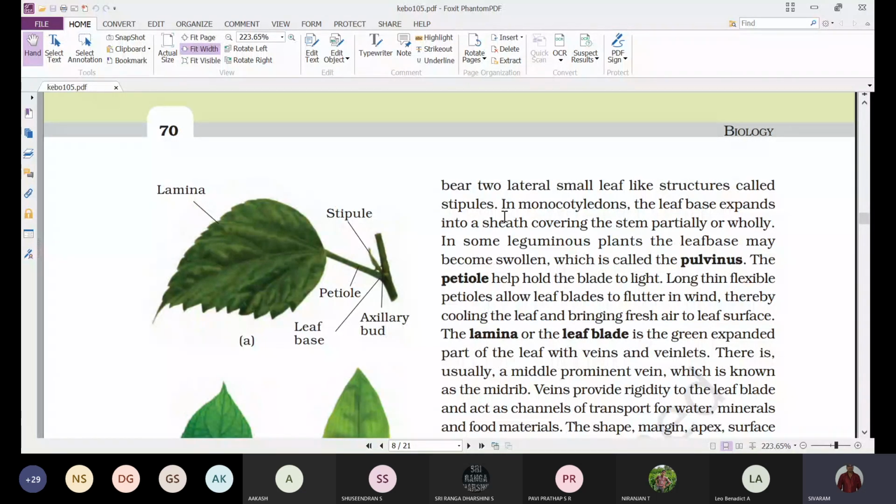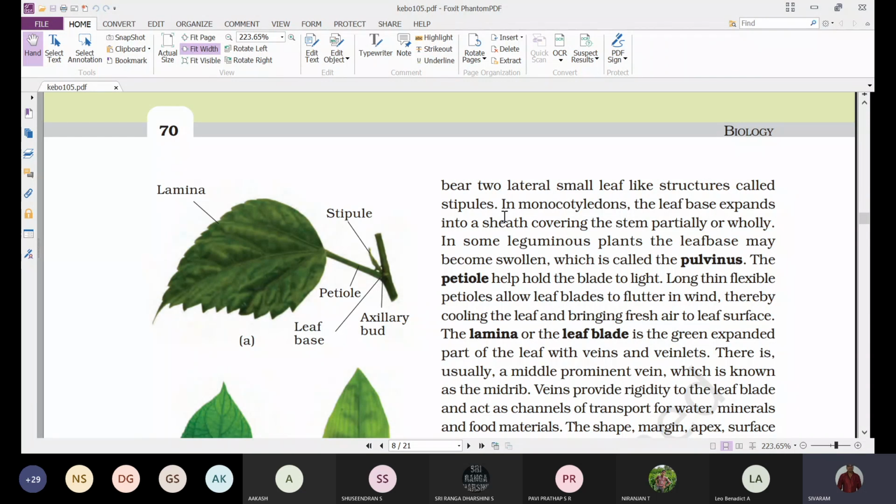And in some leguminous plants, the leaf base may become swollen, called pulvinous leaf base. In leguminous plants like beans, grams, peas, we will find this pulvinous leaf base.